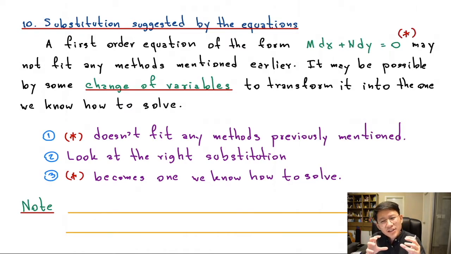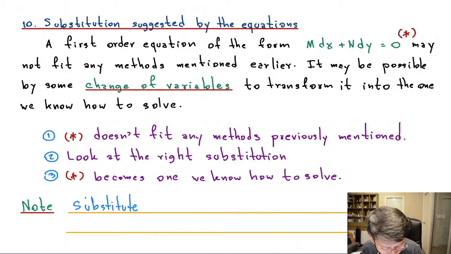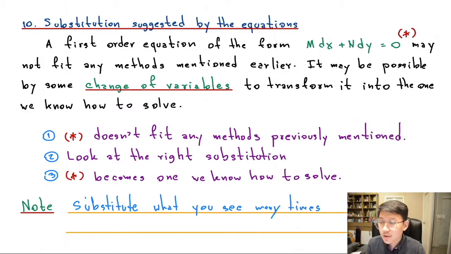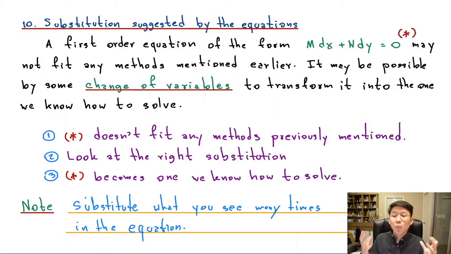The trick is just from observation: substitute what you see many times in the equation.